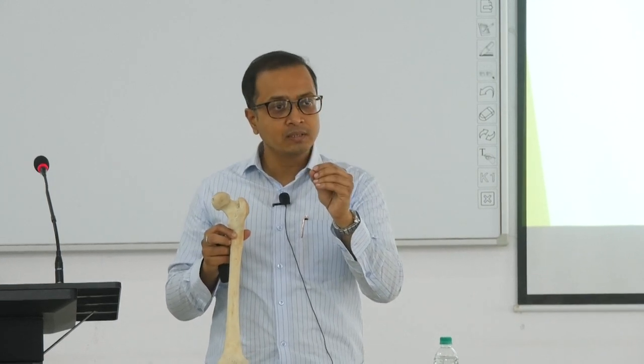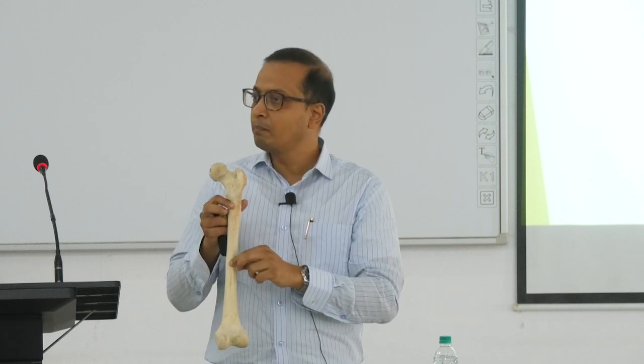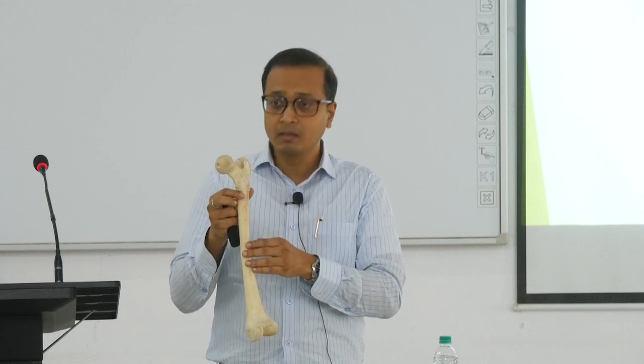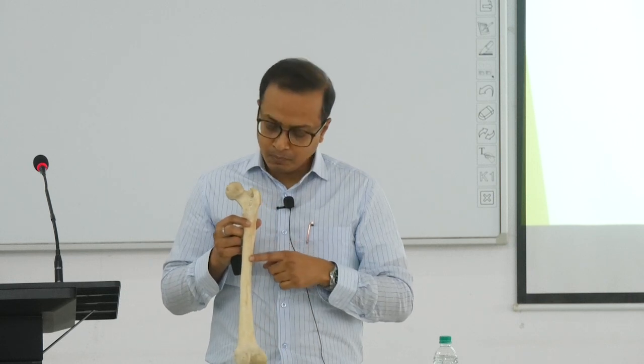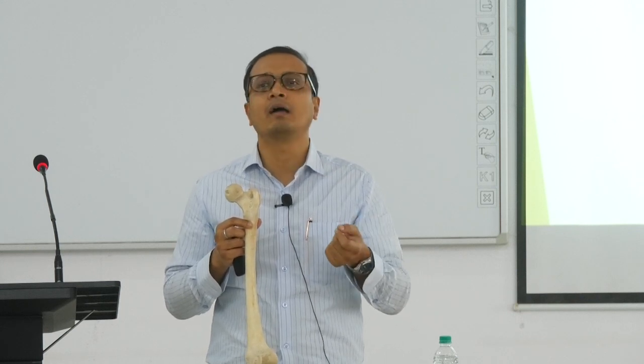That particular posterior border, which is groovy, draws special attention. This posterior border, which is present predominantly in the upper third and the middle third, we give a special name to it. We call it the linea aspera.